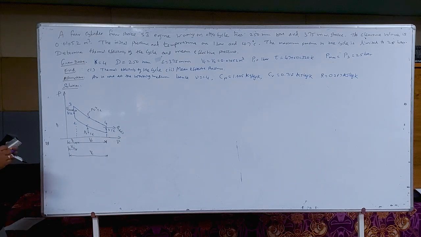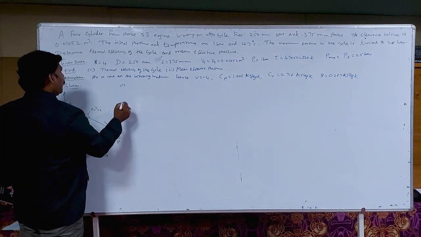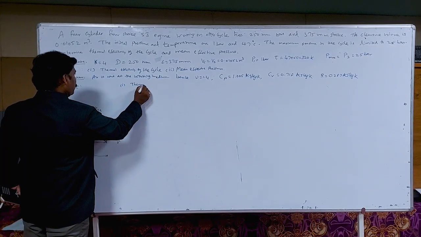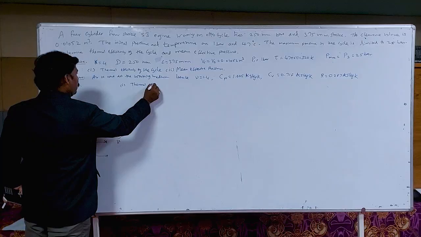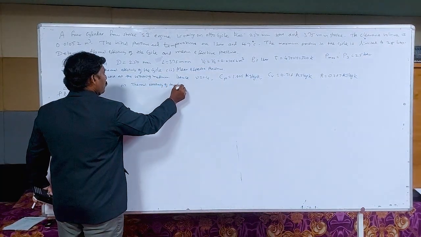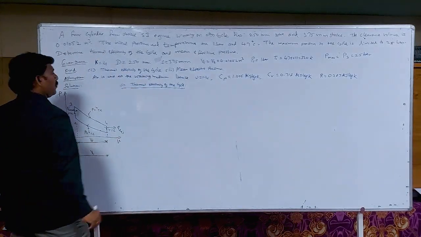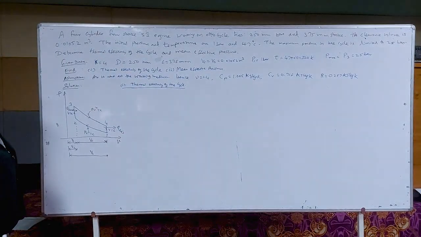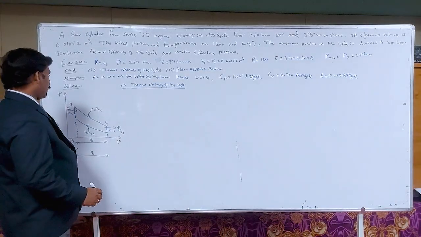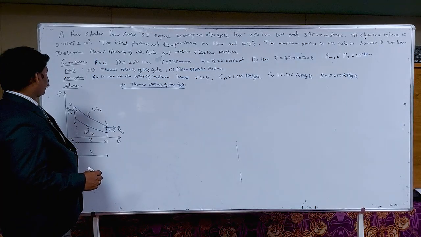So now we have to solve this problem. Let us start from here. Case 1 is the thermal efficiency of the cycle. For this, we have to find out thermal efficiency, for which we need to find first the compression ratio.